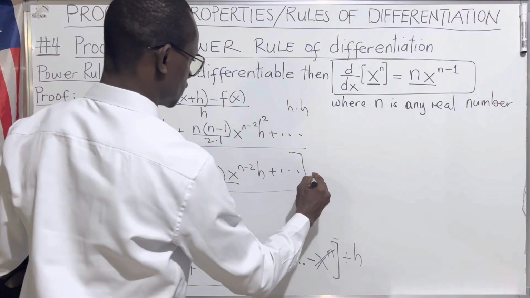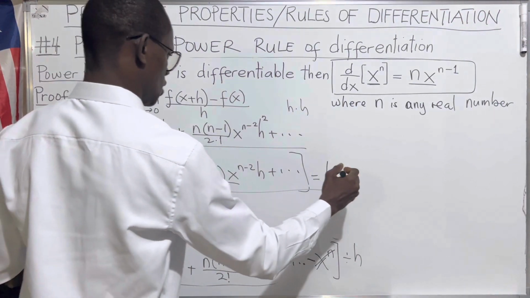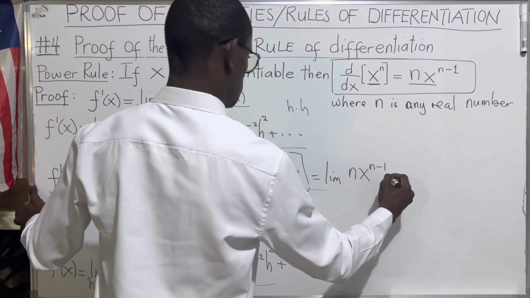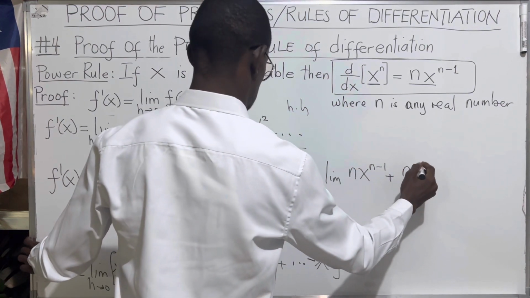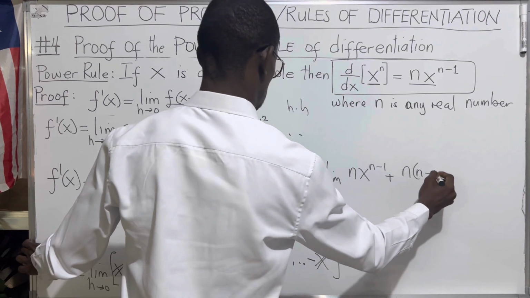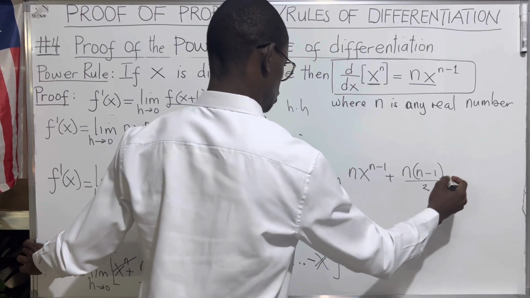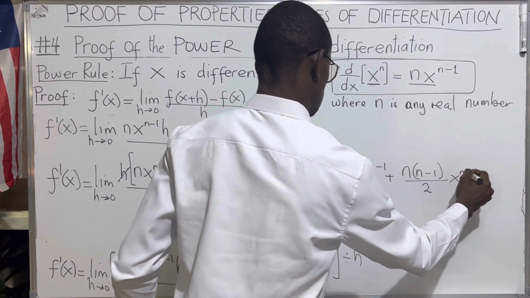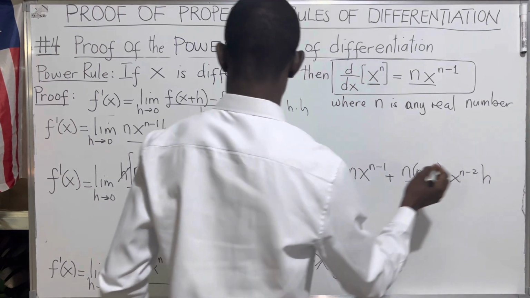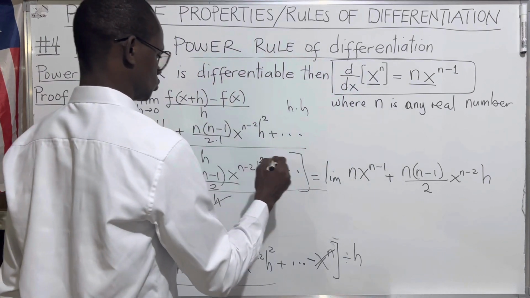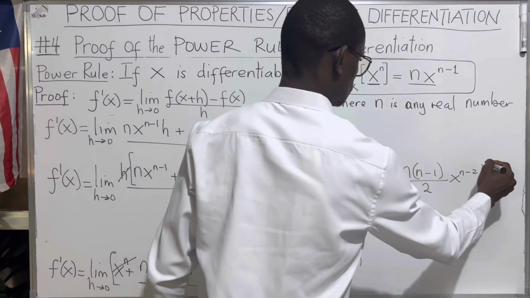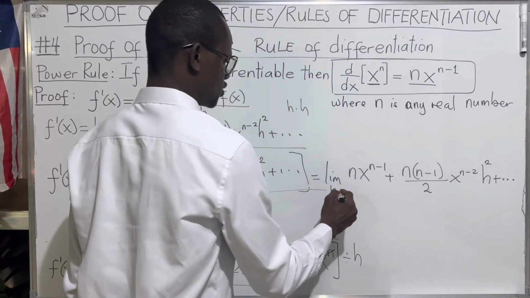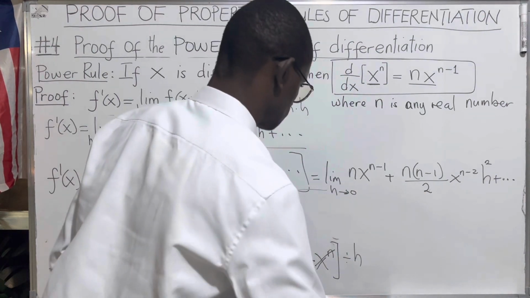We'll be left with the limit of n x raised to the power n minus 1 plus n minus 1 all over 2, x raised to the power n minus 2 times h raised to the power 2 plus dot dot dot as h approaches 0.